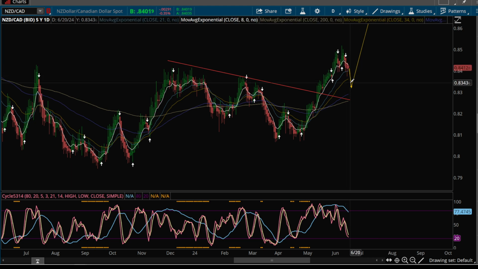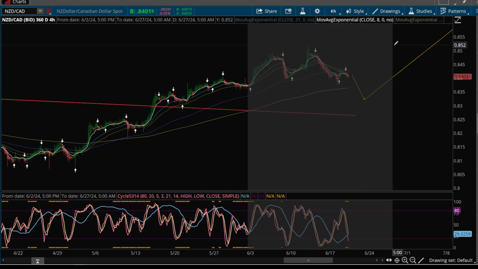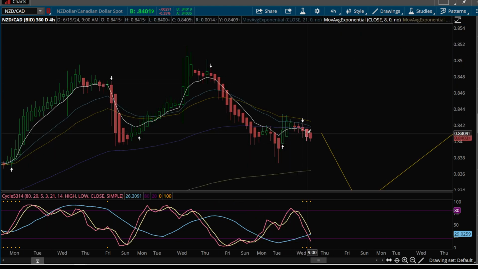And all we got to do is sit on hands till we get a green Heikin-Ashi candle. Or you dive down to the 4-hour chart. All right. And you could take a green Heikin-Ashi above the 8 off the 200. And see if this is going to create that 834 cross to the upside, and so on and so on.